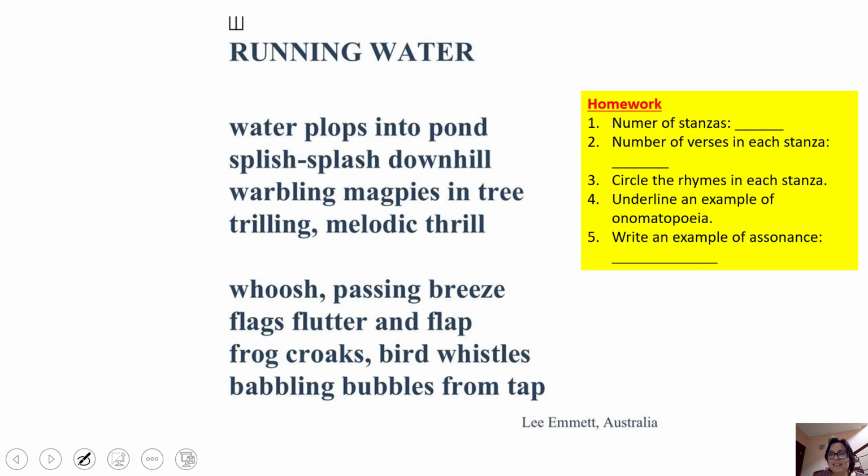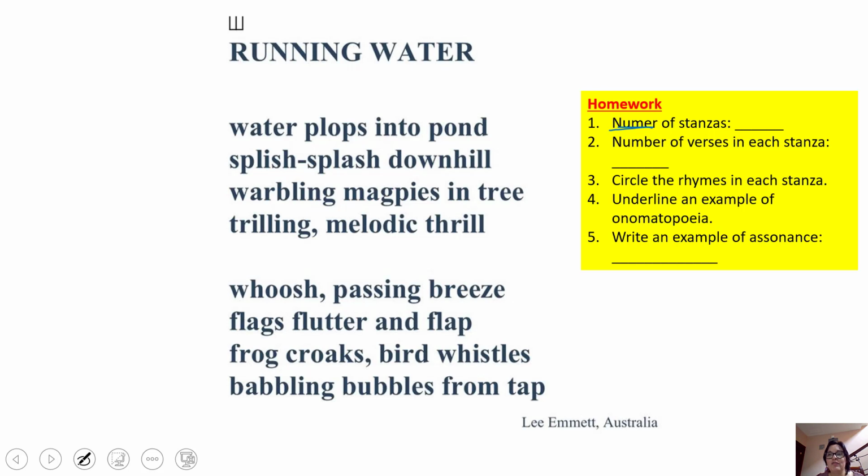Number one, sorry for this, it says number of stanzas. So tell me, 5, 3, 2, 1, how many stanzas does this poem have? Okay, so answer in there. Number of verses in each stanza. How many verses do you find in each stanza?